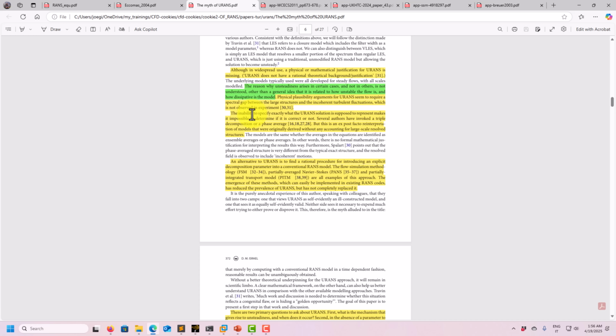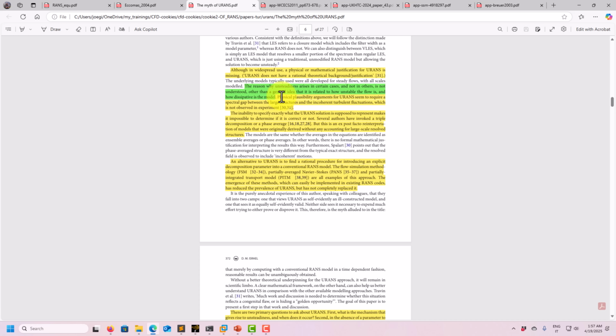Very interesting, this one, to specify exactly what tool and solution is supposed to make it impossible to determine. Several authors have looked a little bit at the triple decomposition or phase average that I talked about. Okay, so the reason why unsteadiness arises in certain cases and not in others is not understood, other than a general idea that it is related to how unstable the flow is and how dissipative the model is.